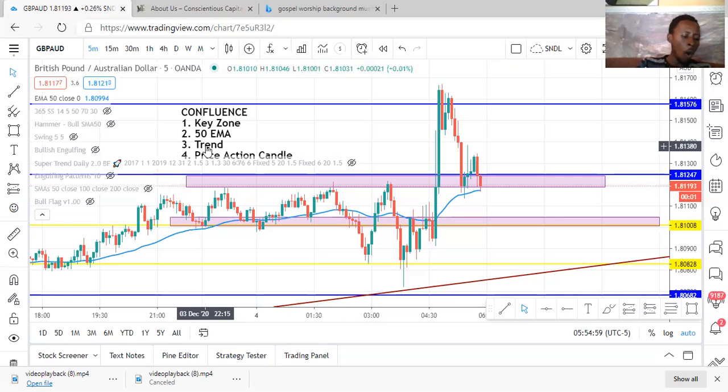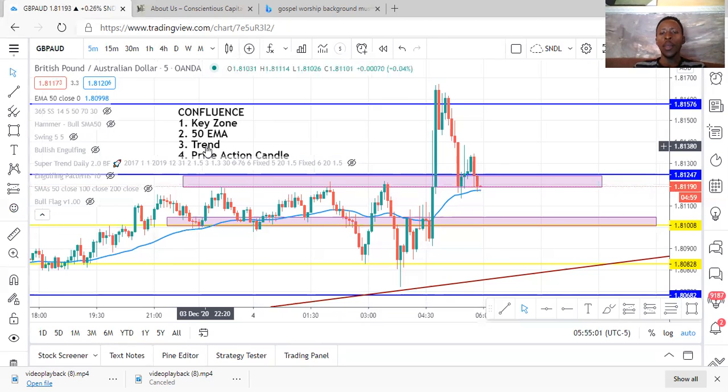Secondly, only and always buy when the price is above the 50 EMA. This is the second confluence I'm telling you now, though they are not in order of arrangement. But looking at the EMA, this is number 2 of our confluences. You never buy when the price is below the 50 EMA. You only buy when price is above the 50 EMA, just like it is currently.